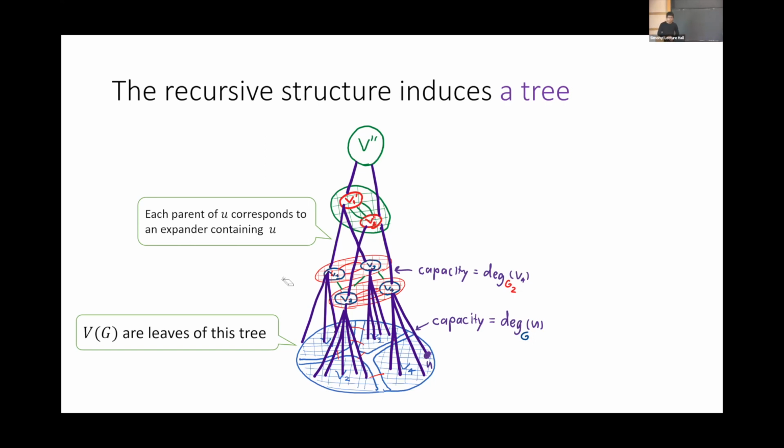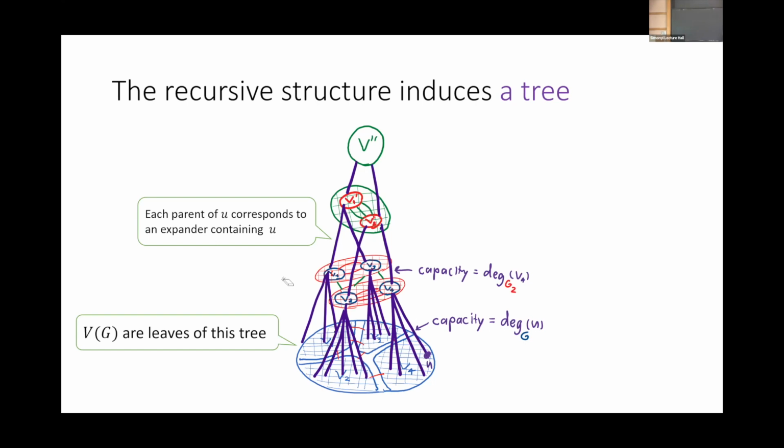There is also a natural way to define the weight of each tree edge. For each node, say this node is u, the weight of this edge is just the degree of the node in G. What should be the weight of the next tree edge?